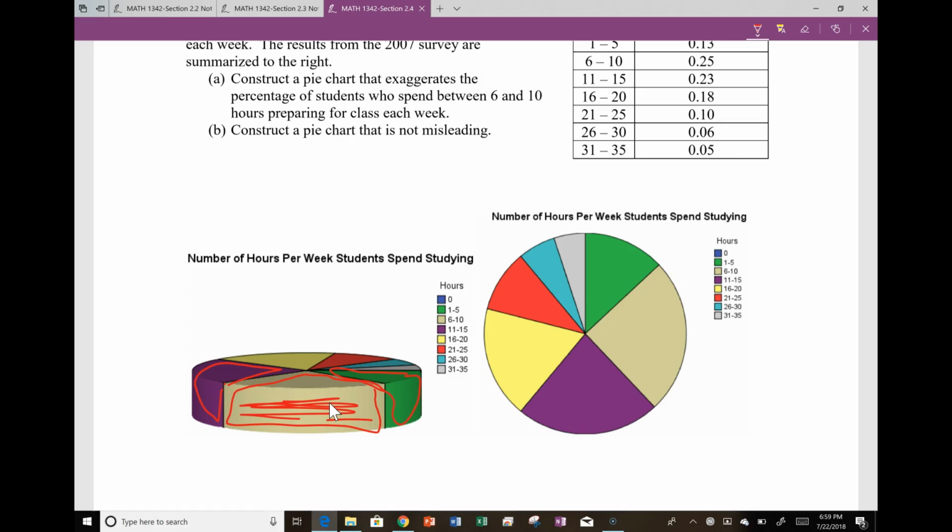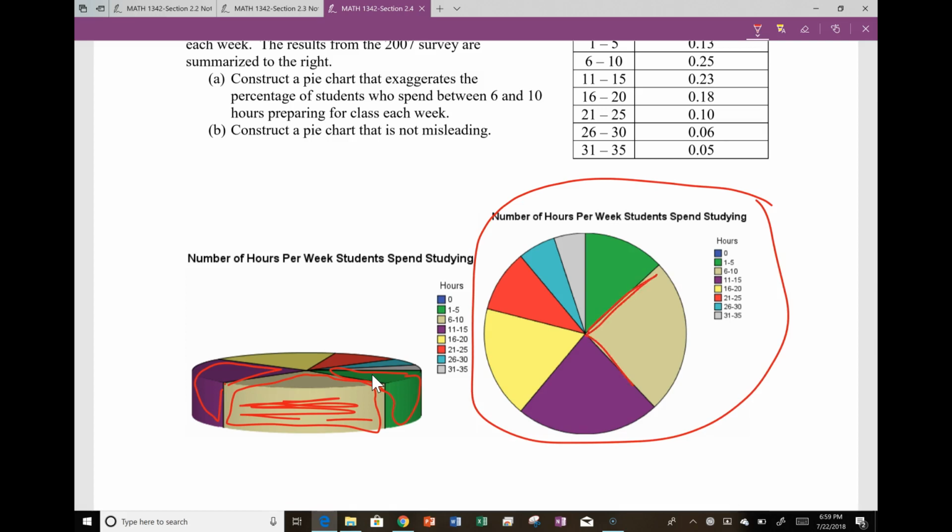Think about when you look at something through a bottle or a glass pitcher or anything, it's distorted. Well, this type of graph is also distorted. This is a pie chart that is actually not misleading, because you see each piece representing its value correctly.